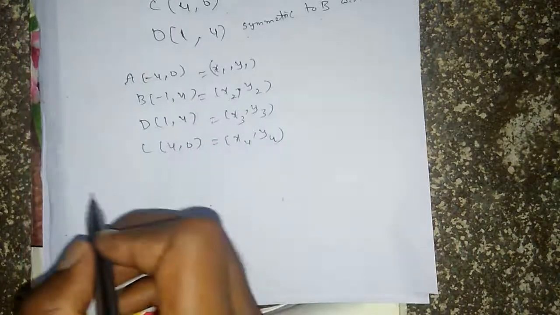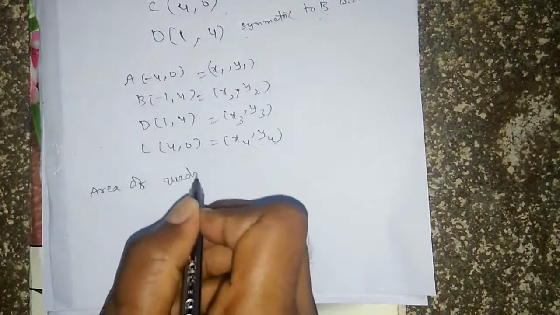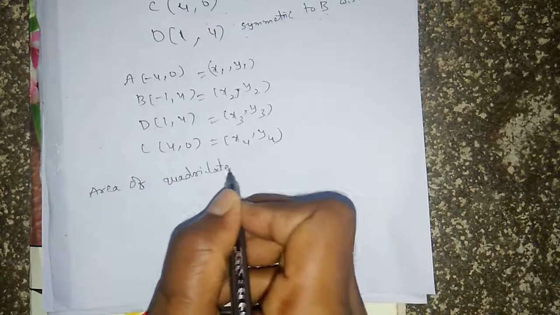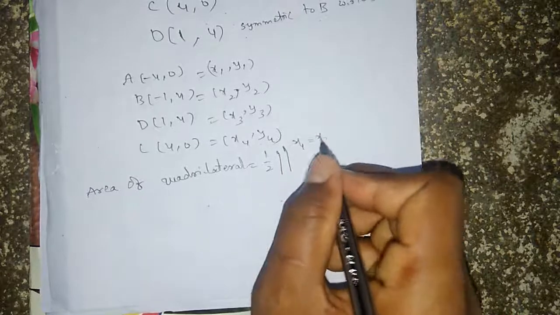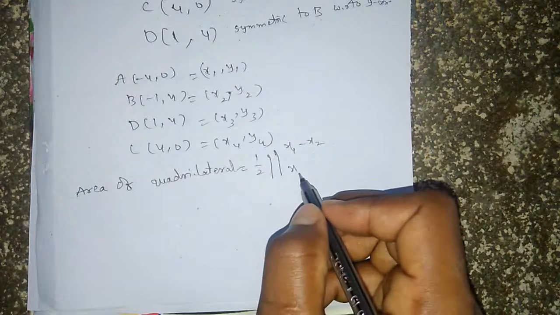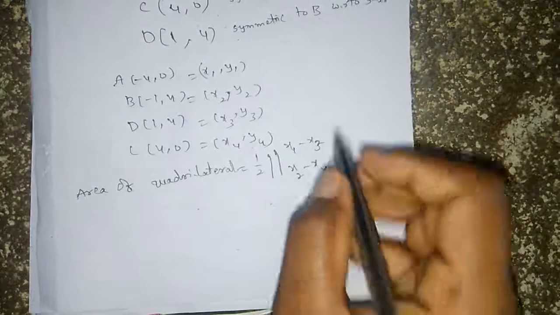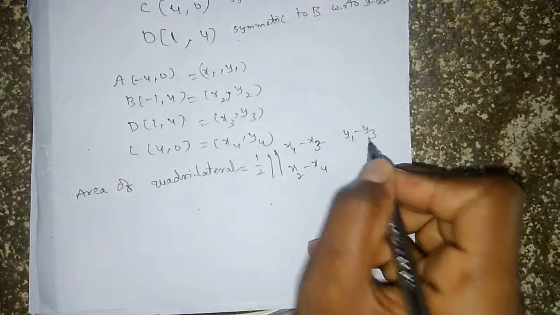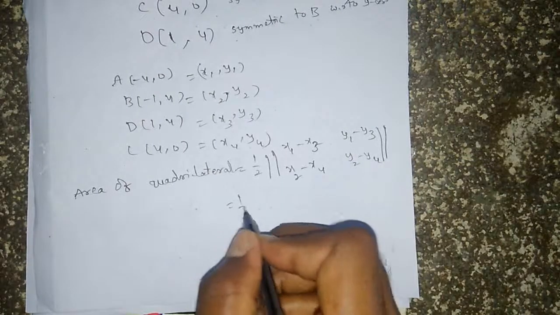Now area of quadrilateral is equal to half mod |x1 minus x3, x2 minus x4; y1 minus y3, y2 minus y4|. You can use any formula.